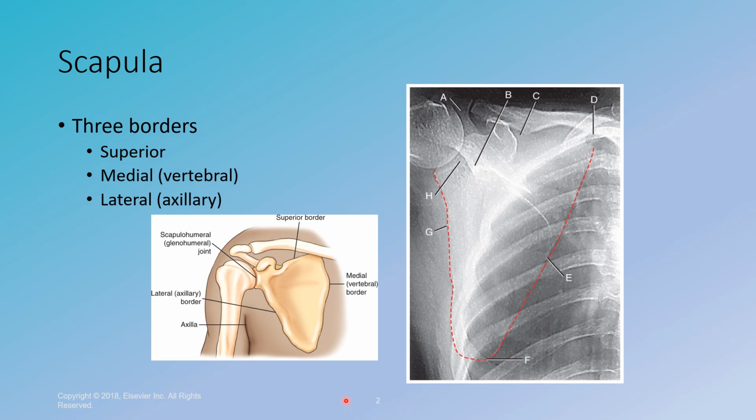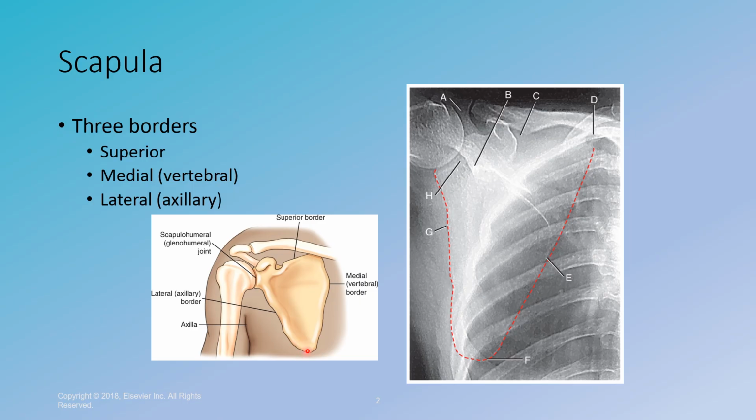The scapula is the little wing-shaped bone on the posterior aspect of a patient's back, a very thin bone with a really odd shape. If we move away from the three borders and look at those again: the superior border, the medial or vertebral border, and this would be the inferior angle of the scapula that we use for PA chest positioning.